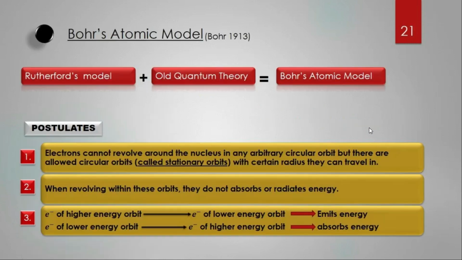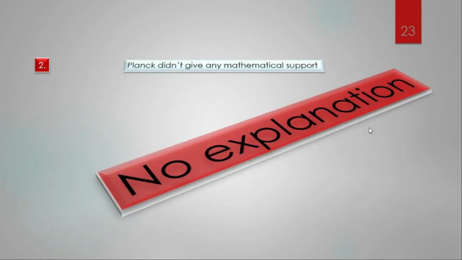Now the second postulate states that when revolving within these orbits, they do not absorb or radiate energy. The mathematical support for this second postulate of the Bohr atomic model was not given by Bohr. He was unable to explain the reason for that particular postulate.